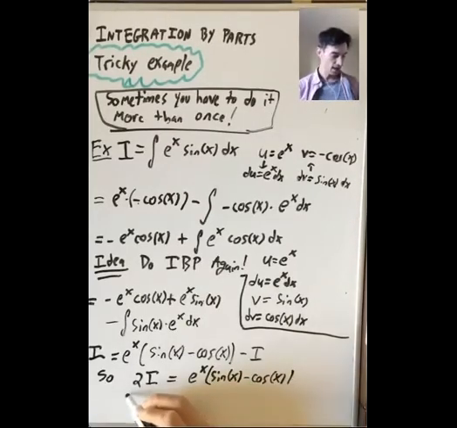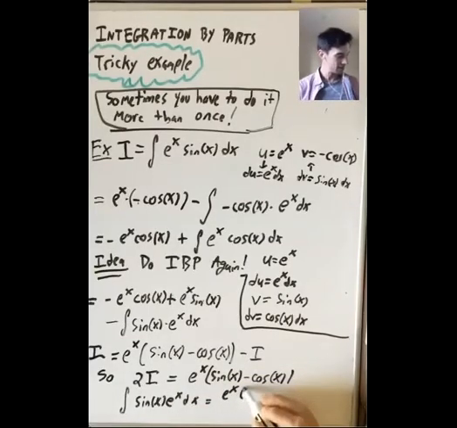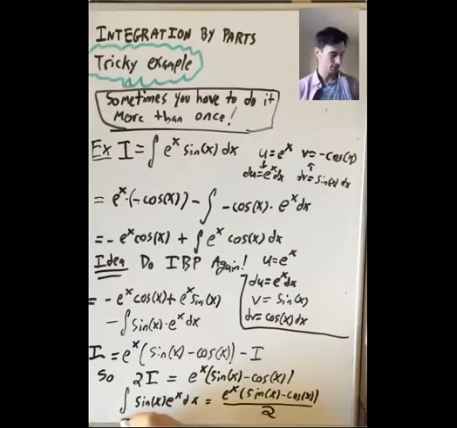Or said another way, the integral of sine of x times e to the x dx is equal to 1/2 e to the x times sine x minus cosine x, over 2.